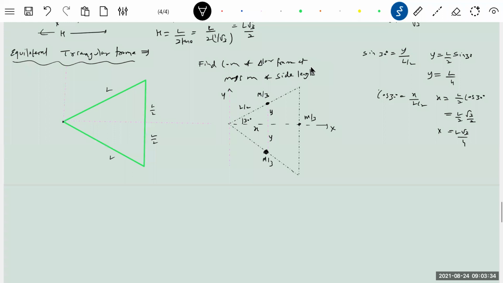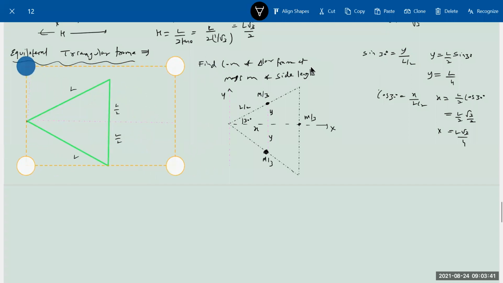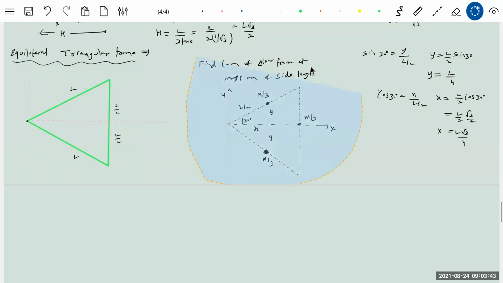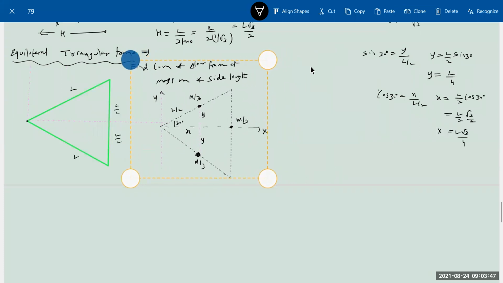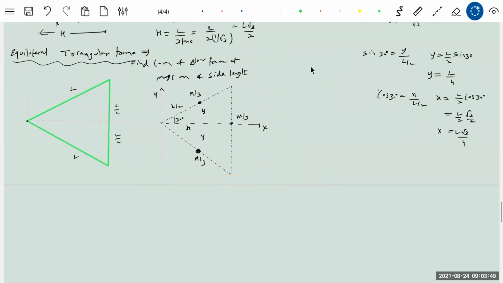What should be our formula? Now what should we do after this? Center of mass of a system of particles. Already you have seen in the cone and hemisphere, the similar approach is what we should develop here. We'll write it here now. First we'll calculate the x coordinate. X coordinate will be M by 3 into x, plus M by 3 into x, plus M by 3 into the height of that one.